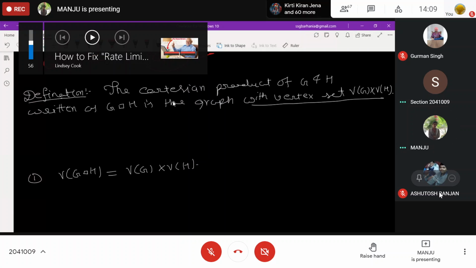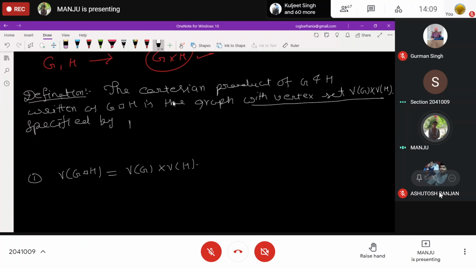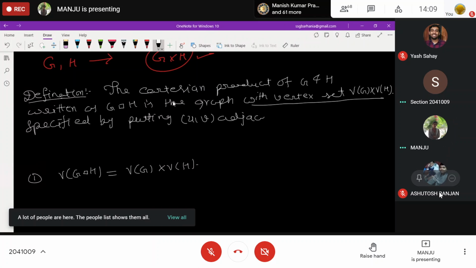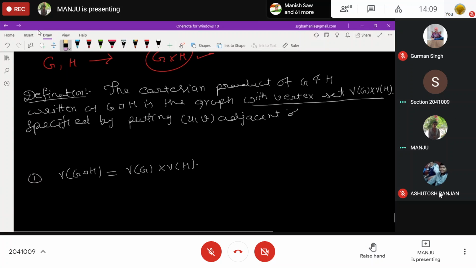Second, the edge set is specified by putting UV adjacent to U dash V dash if and only if one of the conditions holds.